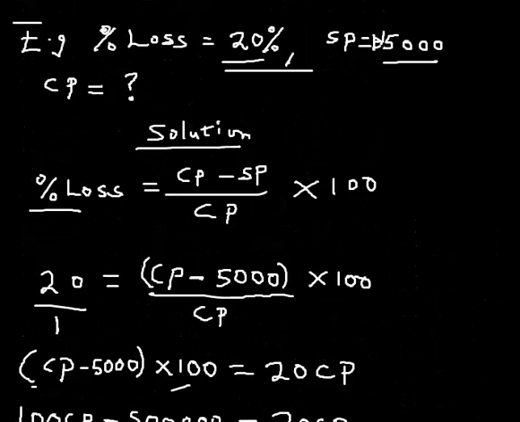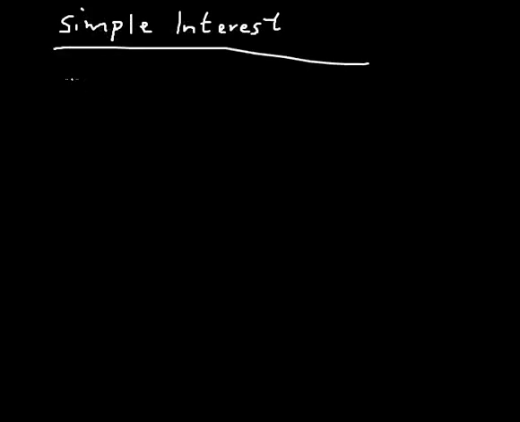Now we're going to be looking at the next application of percentage, which of course is simple interest. Simple interest is simply the amount that is added to an investment or a loan.